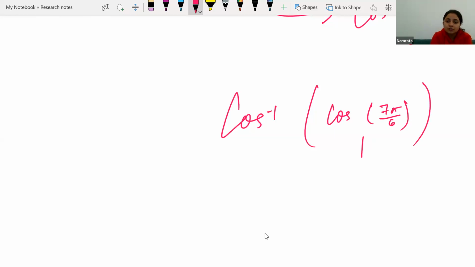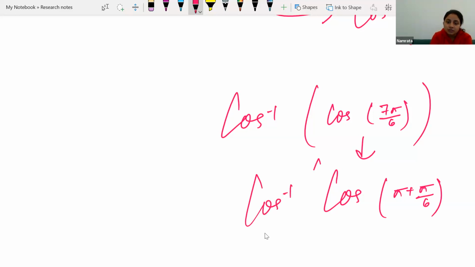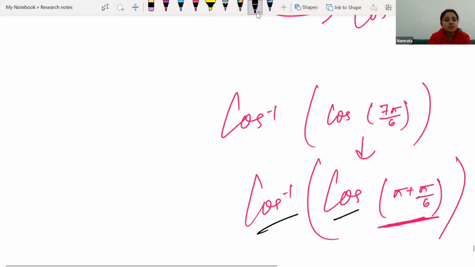Now if you write this 7 pi by 6 as cos of pi plus pi by 6, with cos inverse outside, there is still no use of this breaking. Pi plus pi by 6, what will it give? Nothing. Cos inverse and cos will get cancelled, and we will still be left with 7 pi by 6 only.